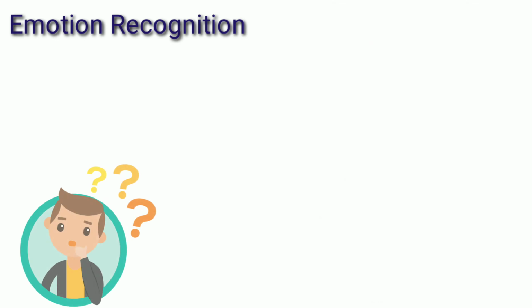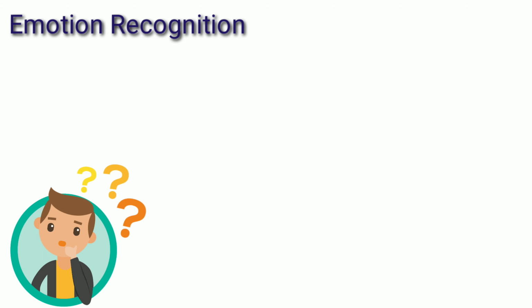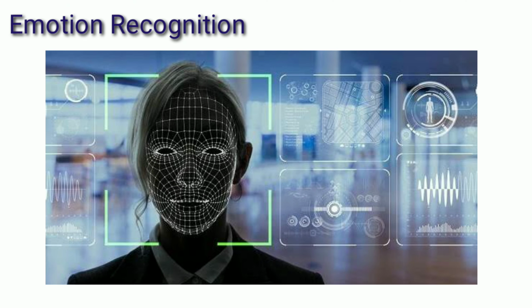So, the question is, what does emotion recognition mean? Emotion recognition is a technique used in software that allows a program to read the emotions on a human face using advanced image processing.